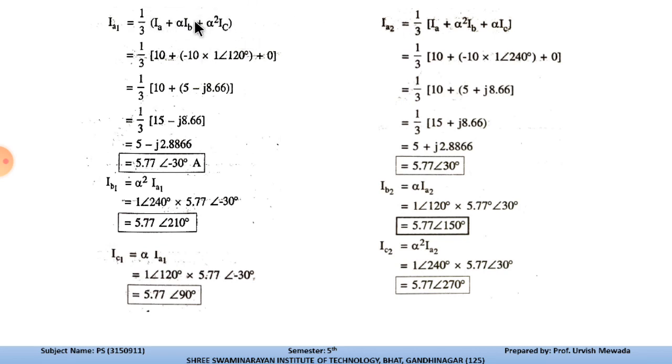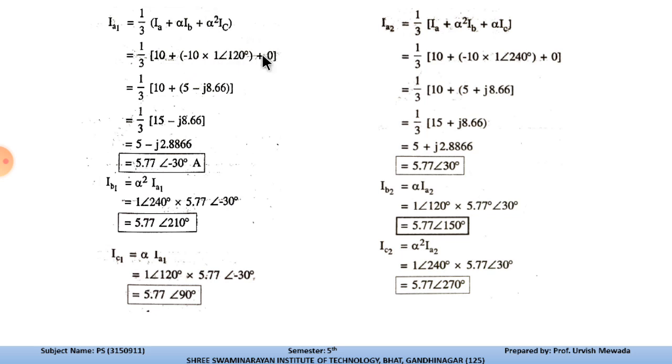Now we have all the values of IA, IB and IC, and alpha square. So alpha is 1 at angle 120, and alpha square is 1 at angle 240, as mentioned over here. So 1/3 of 10 plus minus 10 into 1 at angle 120, and this is the term that is 0.